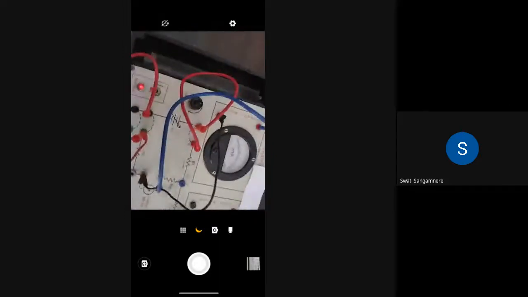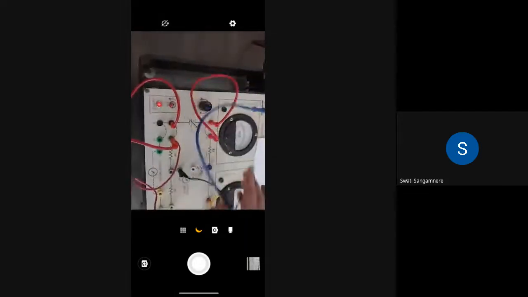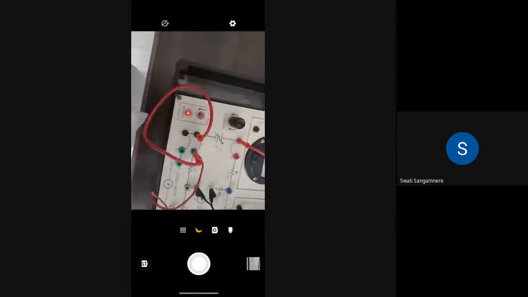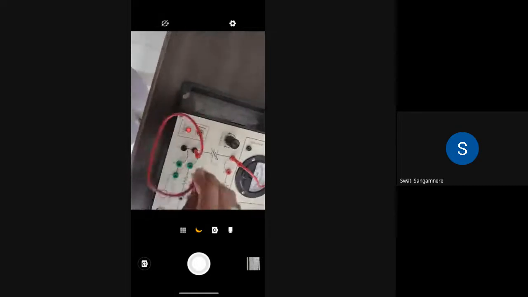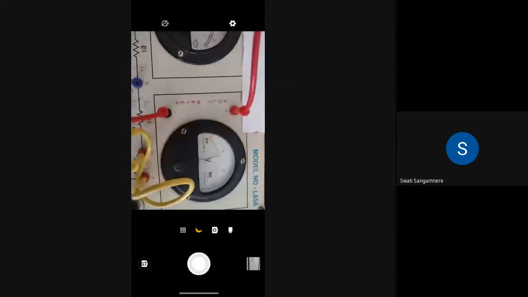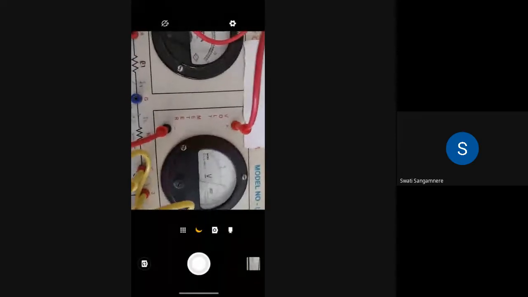Then we can take the second reading by changing the voltage source value. So first we can adjust the voltage source up to 10 volt.